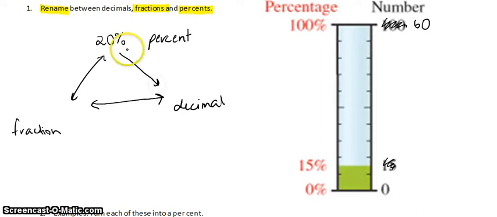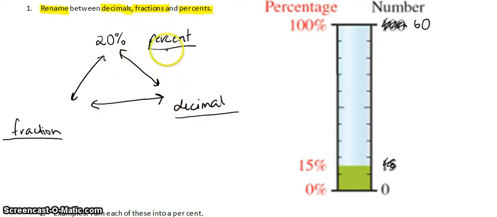And we can go between the three different ways, or three different names, of calling a percent. We don't always use the same name, so you need to be able to go between these different calculations easily.